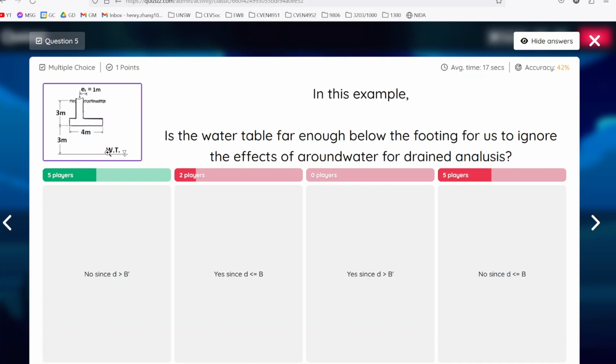So it's 2 meters. Okay. And then lowercase d is 3 meters, right? And since the depth is further down than the effective width beneath the footing, we don't have to account for the effects of groundwater, right?